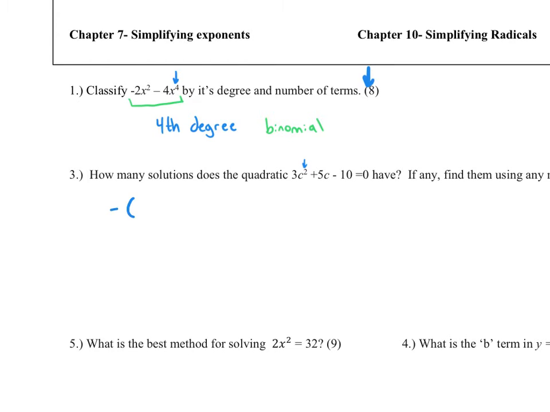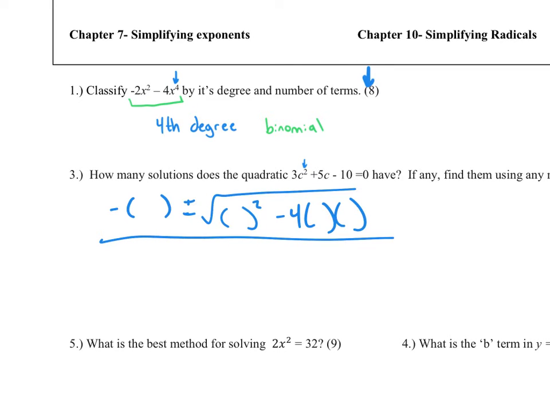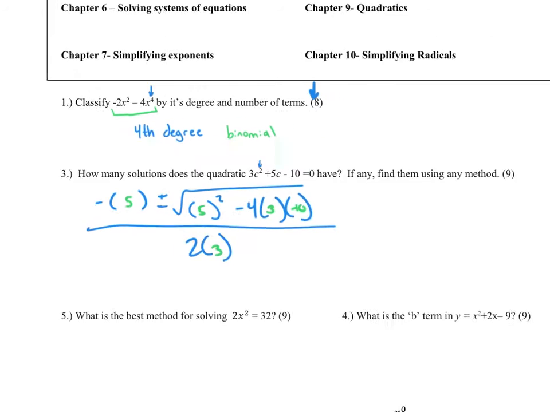And that is negative b plus or minus the square root b squared minus 4ac all over 2a. On this one, our b was 5, our a was 3, and our c was a negative 10.